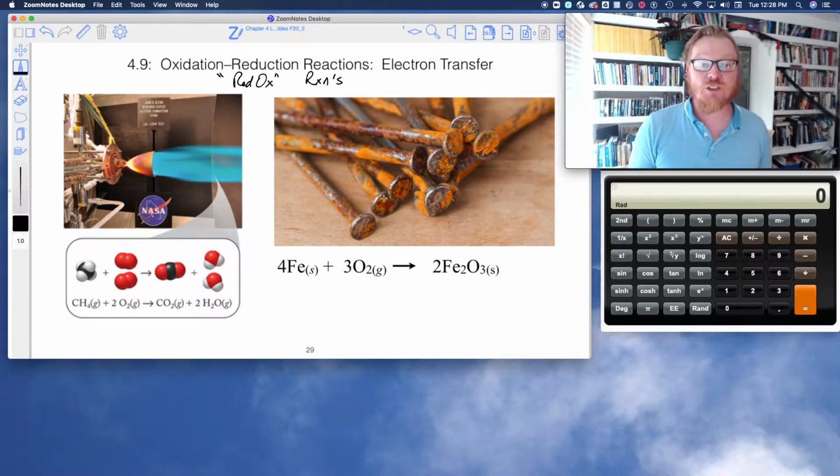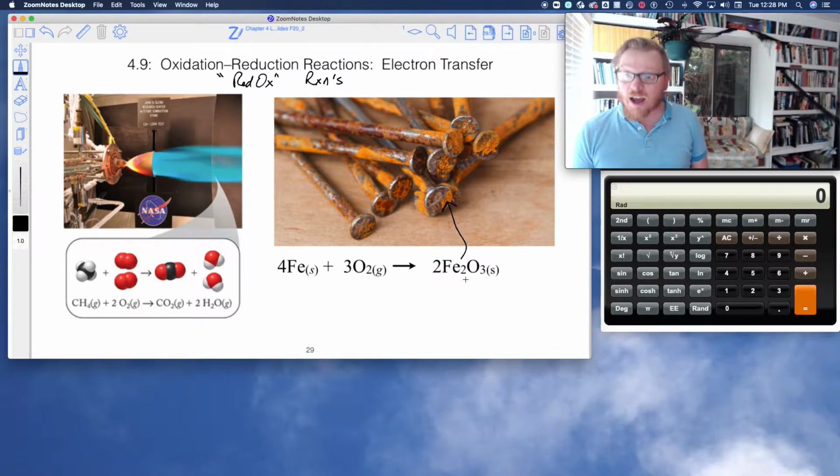Okay, so here are two really important examples of redox reactions. The one that I'll talk about on the right here is kind of the obvious example of metal being rusted, right? We have iron metal reacting with oxygen, and this lovely orange rust color is iron oxide.